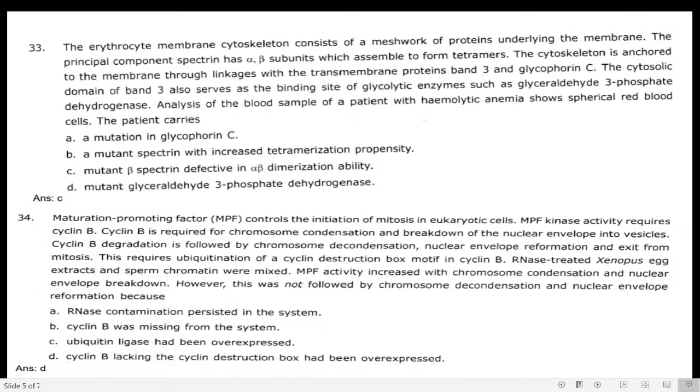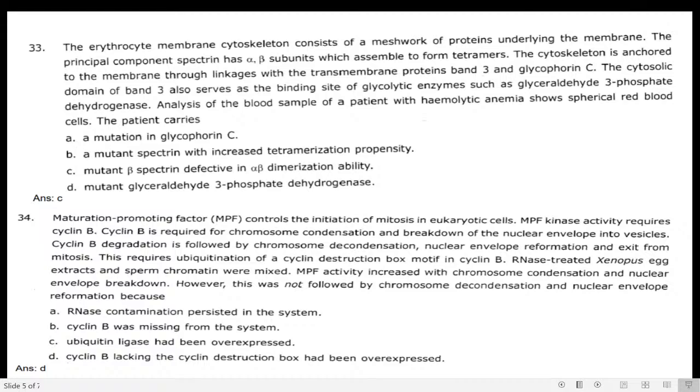Analysis of a blood sample of a patient with a hemolytic anemia shows spherical red cells. The patient carries, what is the answer, that is C, mutant beta spectrin defective in alpha beta dimerization ability. Okay, here they mentioned the mutation happened.